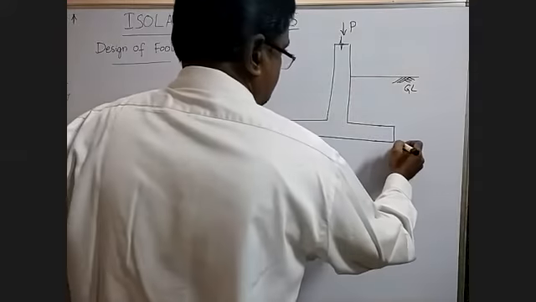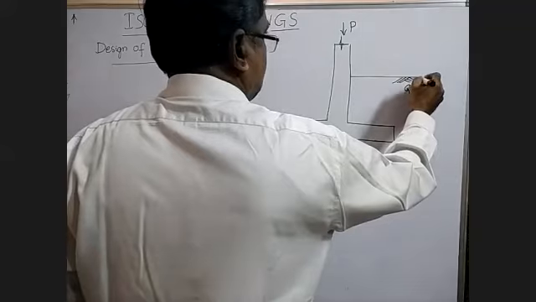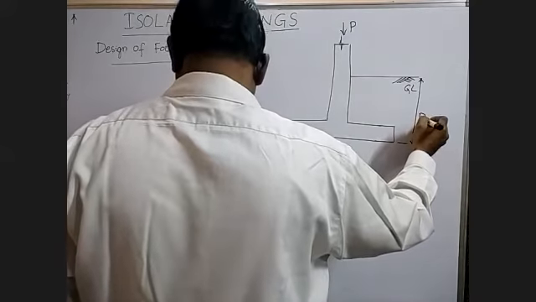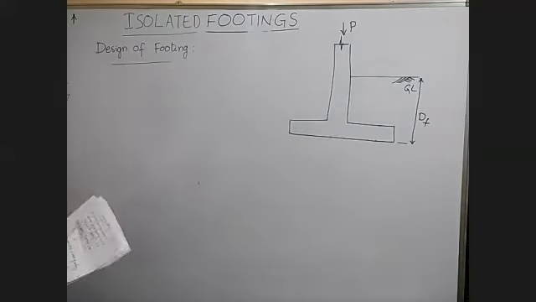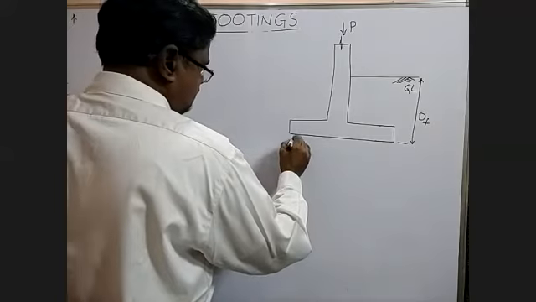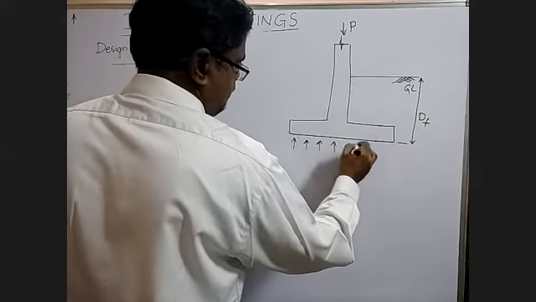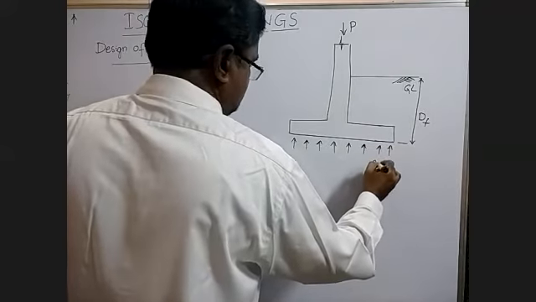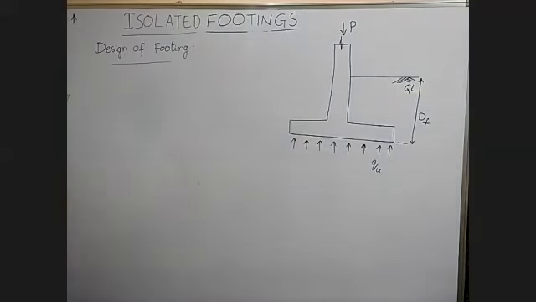From the bottom of the footing to the ground level, we call it DF, the depth of foundation. Okay, so you have a soil pressure here. There is an upward soil pressure from the bottom. Let us say QU. The soil pressure is denoted with QU.